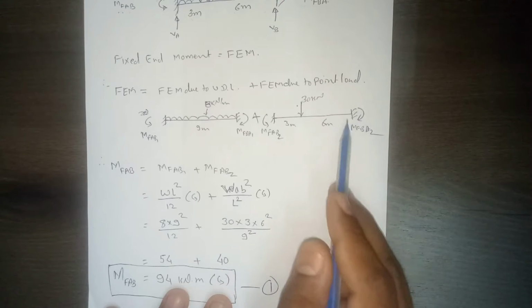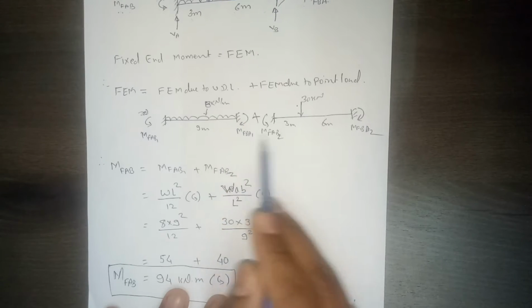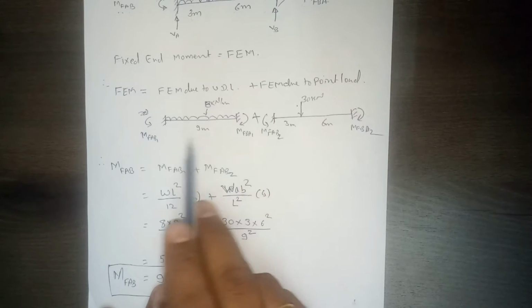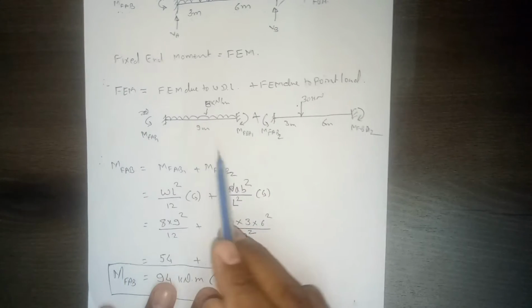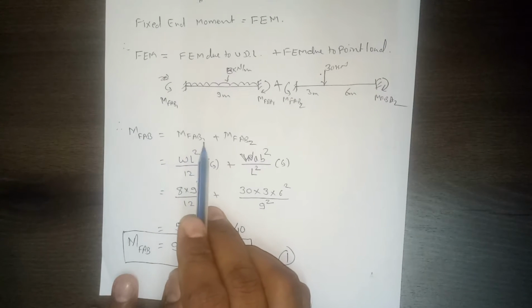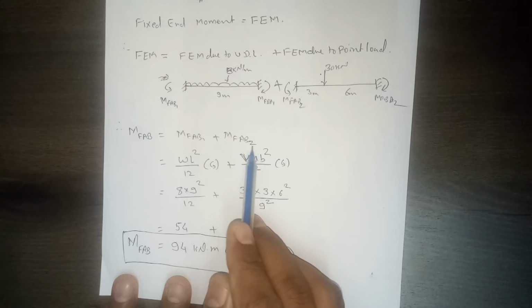So the total fixed end moment at support B will be the addition of these two, and the fixed end moment at support A will be the addition of these two. So MFAB will be equal to MFAB1 plus MFAB2.